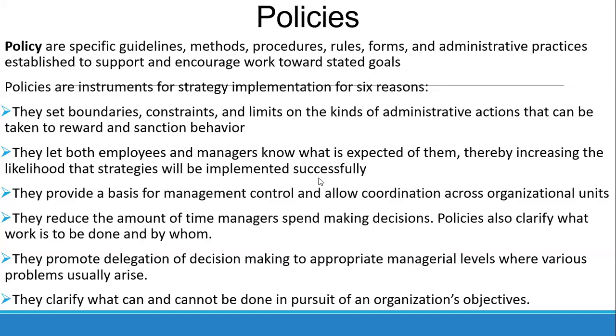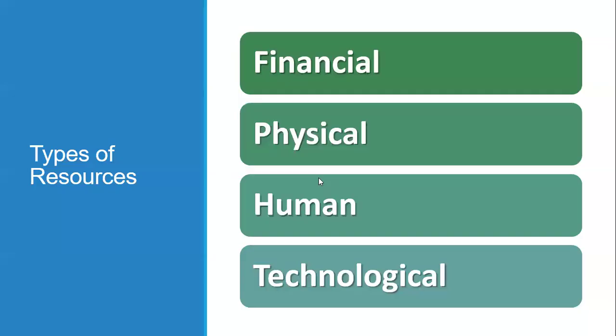That is, it will set the boundaries that indicate that a particular behavioral outcome will be rewarded or entertained, while certain behavioral outcomes will be sanctioned. So as much as possible, policies and their programs must also be available.